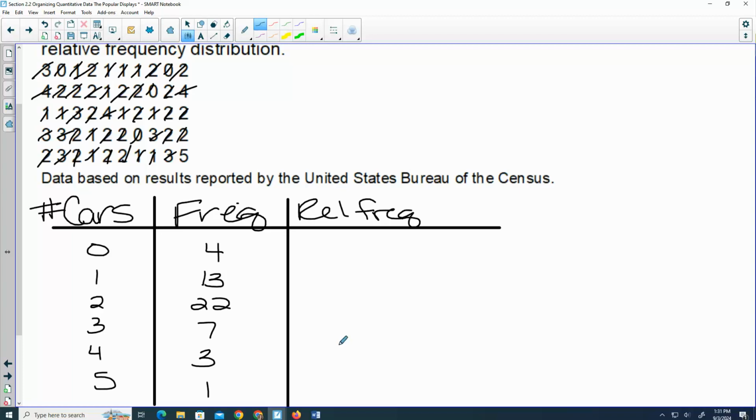So frequency distribution just means make a table, tell me the outcomes and how many times it happened.